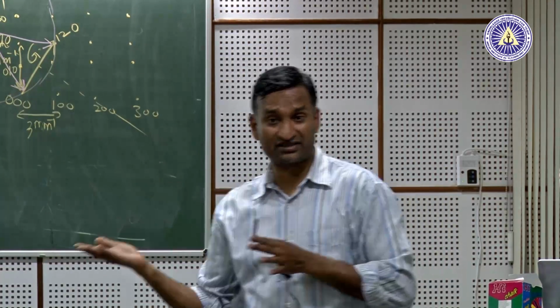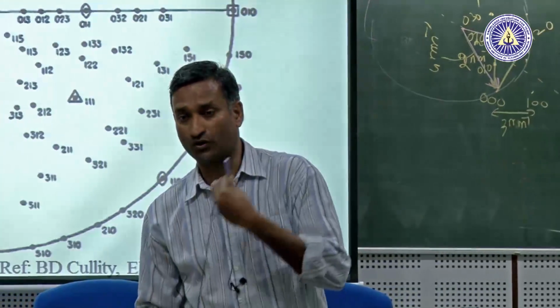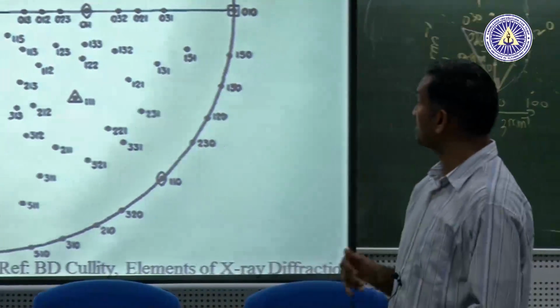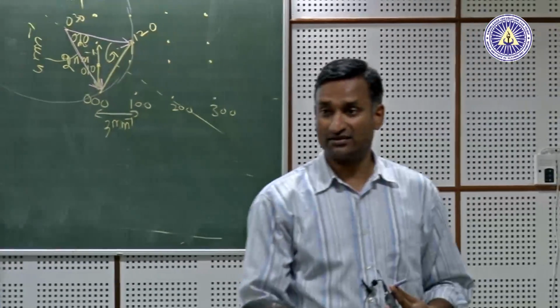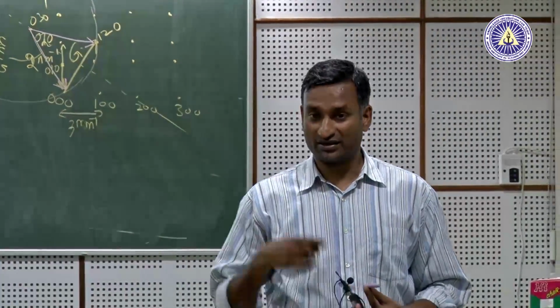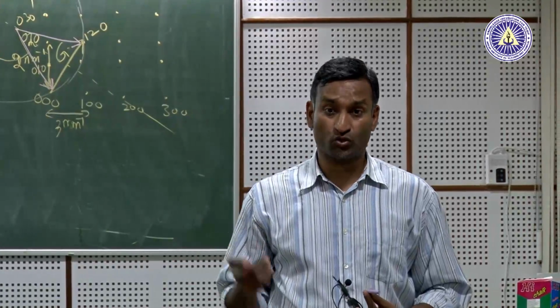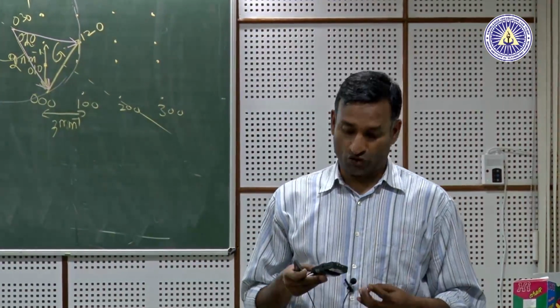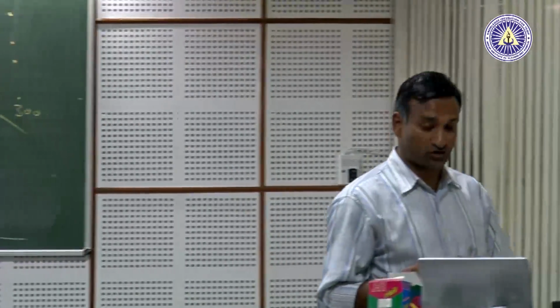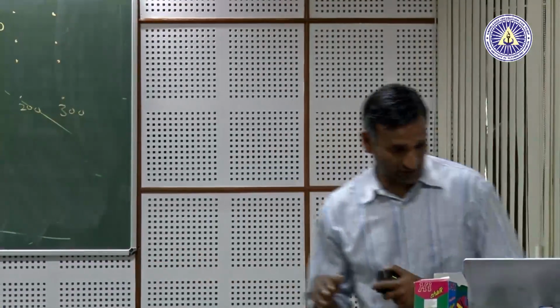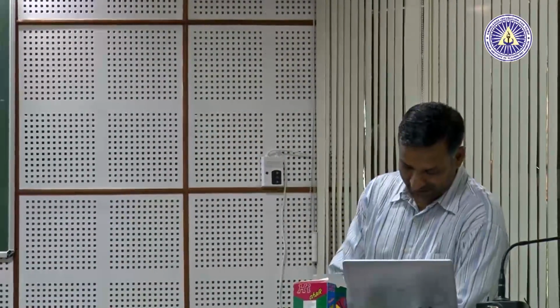And for all those planes, the dot product of UVW and HKL is equal to 0. So all the planes whose poles lie on the surface of this great circle are the planes for which there is a common zone axis. So it's useful in those circumstances, because when you learn single crystal diffraction, you will see that. I'll come to that in a short while, but this is the purpose for which I wanted to show you.